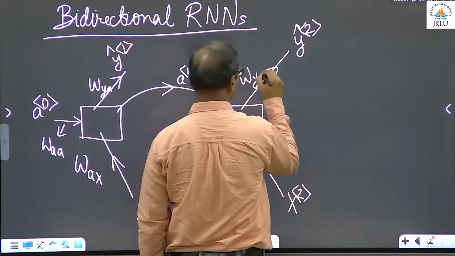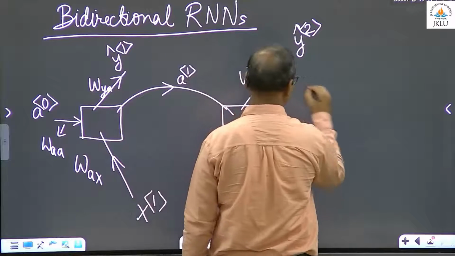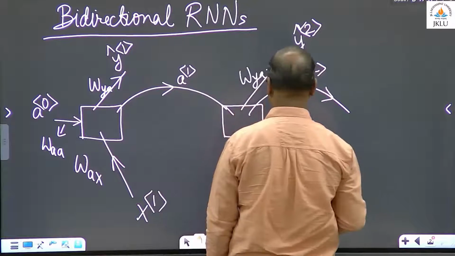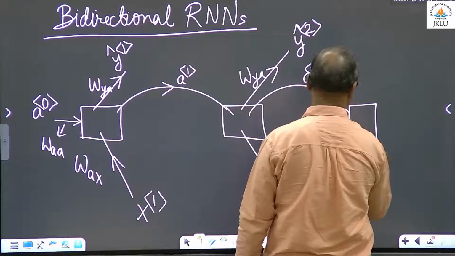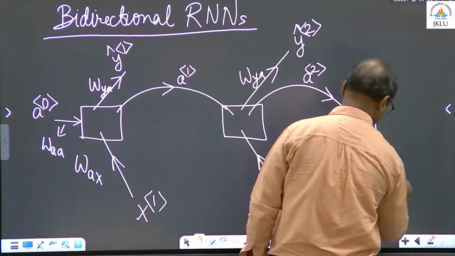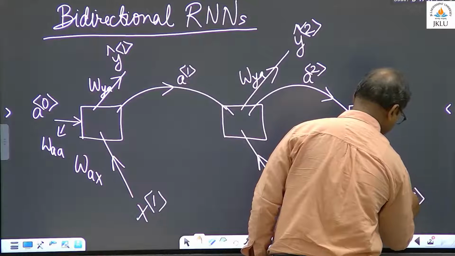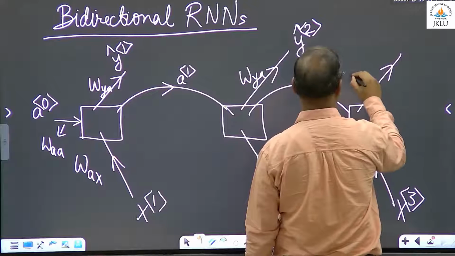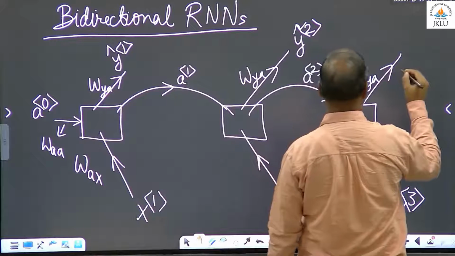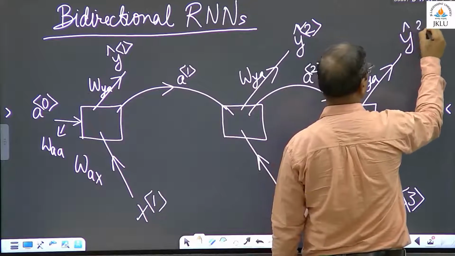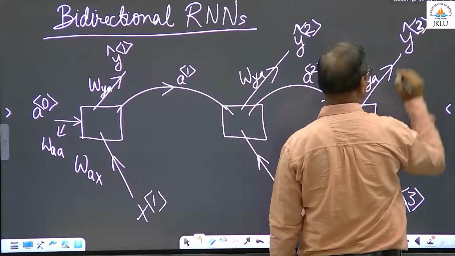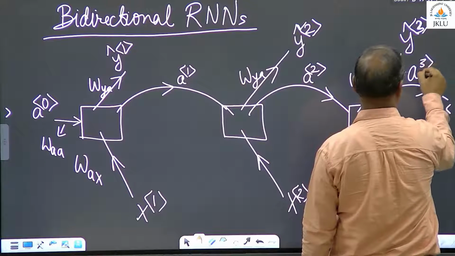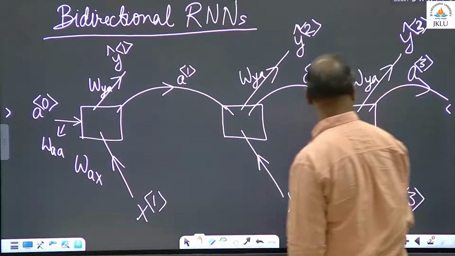This will be WYA again, and then you will have A2. So I have it here, X3 again, this guy will be WYA, Y hat 3, this will be A3, and so on.